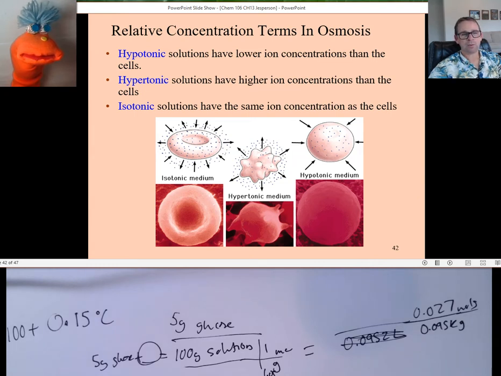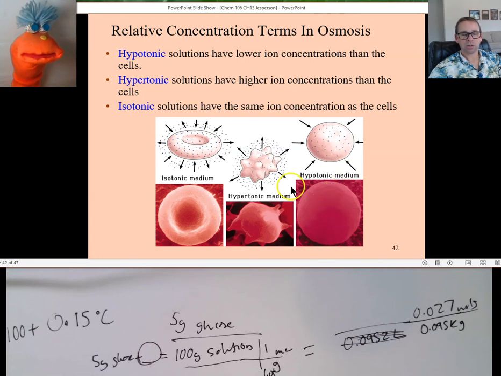If we give intravenous fluids that are too high in salt, then that will pull the water out of the blood cells, and you'll have a hypertonic medium, and you'll have a contracted blood cell like this, a shriveled blood cell. If it's the correct concentration of ions, isotonic, the same concentration of ions, then your blood cell will look like this. If there is not enough salt, then the blood cells will expand and eventually burst.